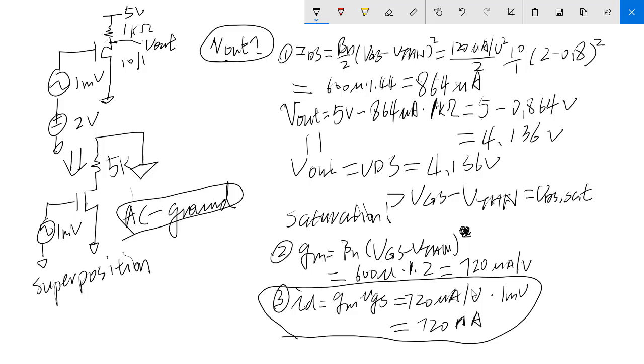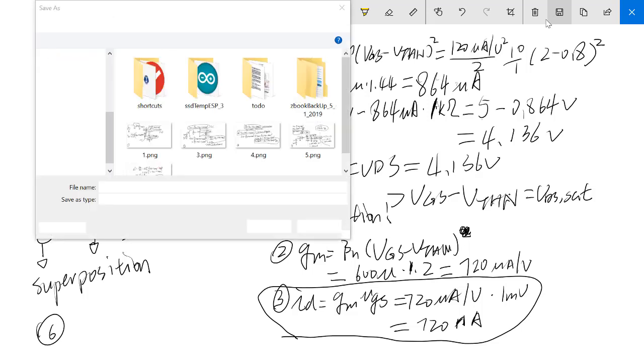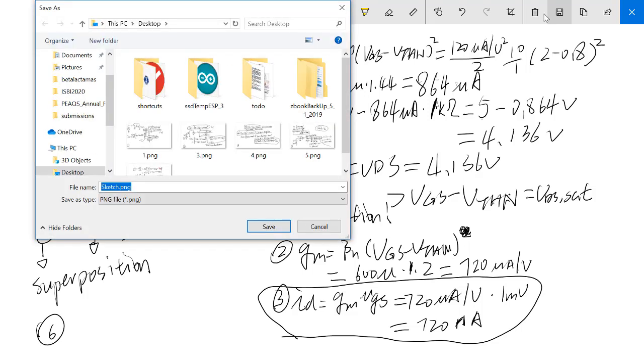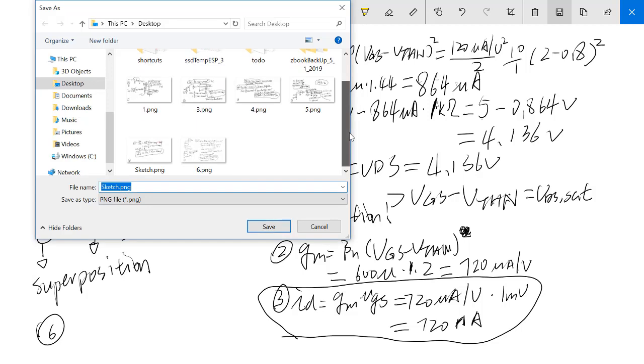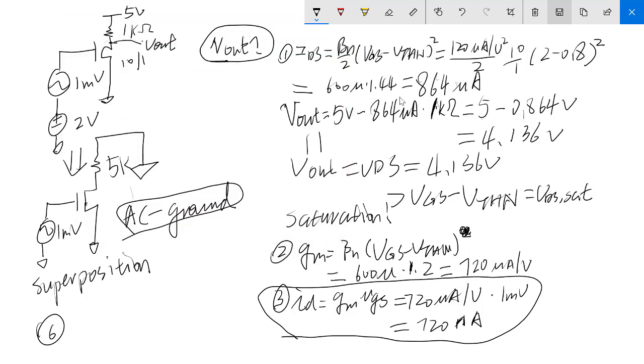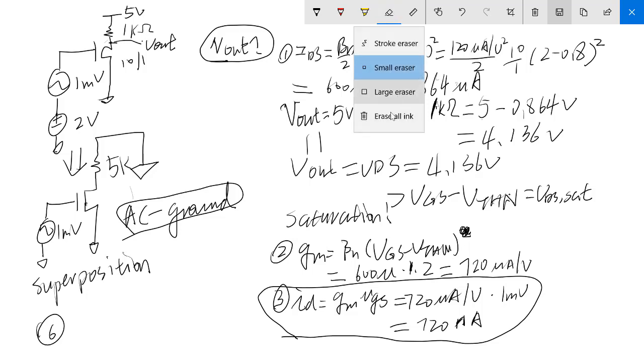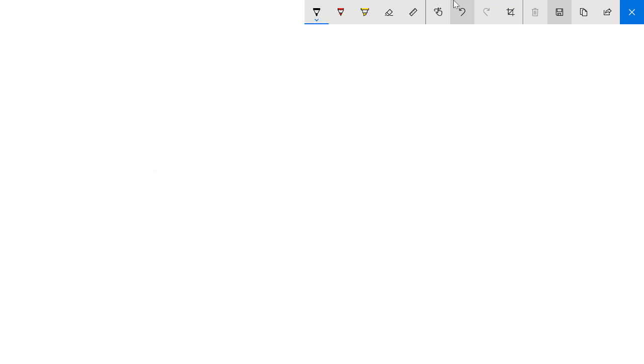Because we know that. So let's start a new paper. So I think this is 6. Save. Okay, and start a new one. Erase. Because the transistor looks like this, right?